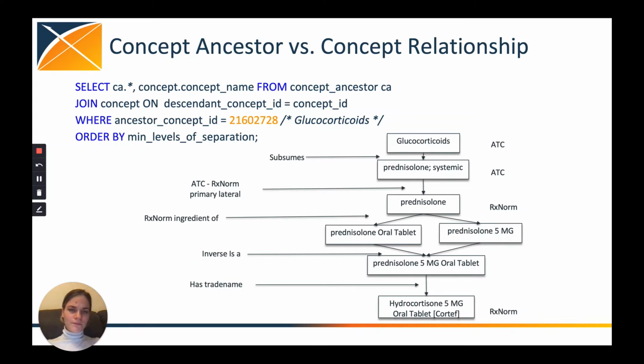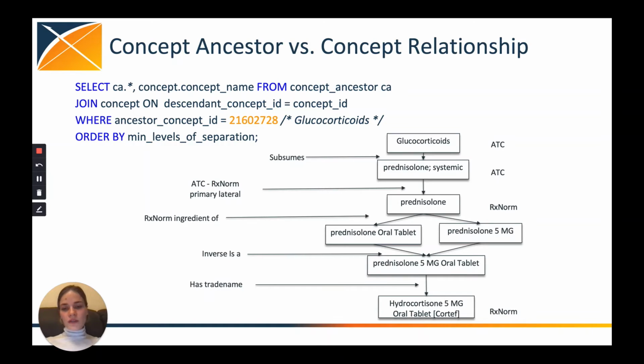Not exactly. We create ancestry based on the relationships. All the relationships that take part and form hierarchy are within the concept relationship table. Another thing is that you should not be using the concept relationship table to impute ancestor, because the only table that you should be using is the concept ancestor.